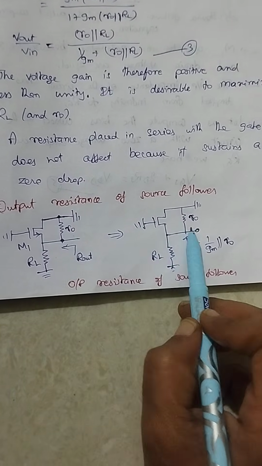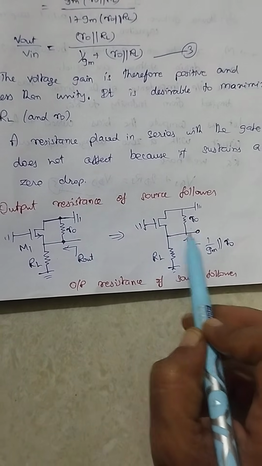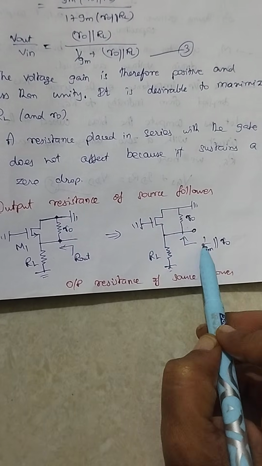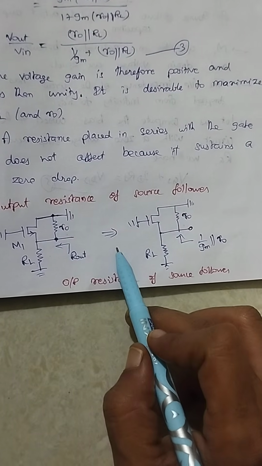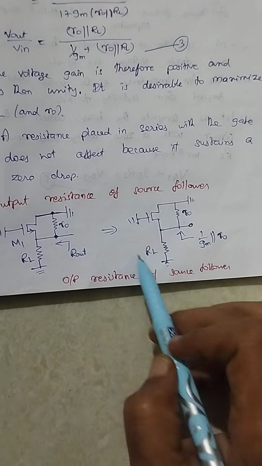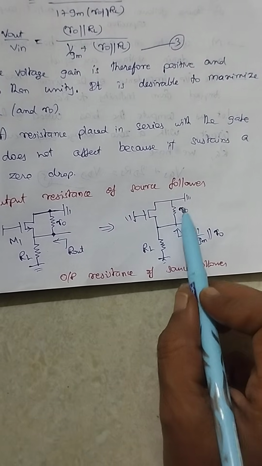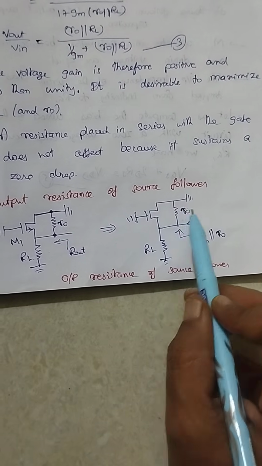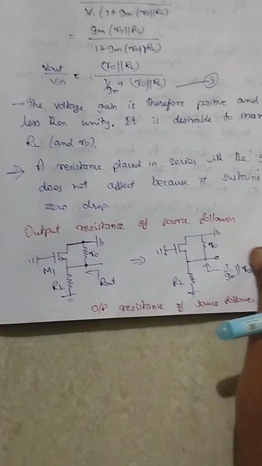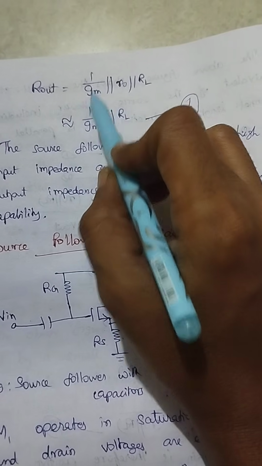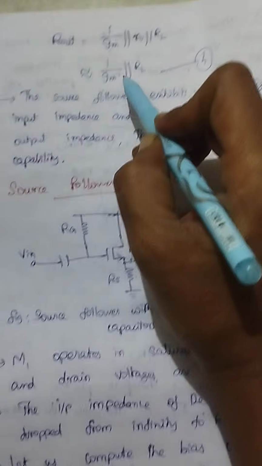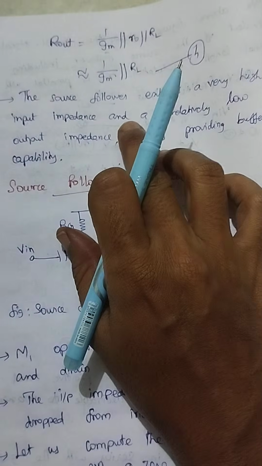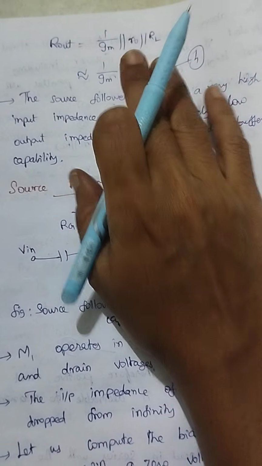We also consider 1 by Gm. So 1 by Gm is parallel with R0, and these two are also parallel with RL. All these resistances are parallel to each other. So your Rout will become 1 by Gm parallel R0 parallel RL. This is approximately equal to 1 by Gm parallel RL. So this source follower has high input impedance and low output impedance.